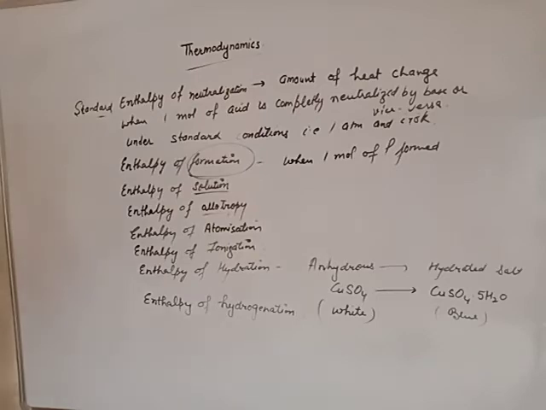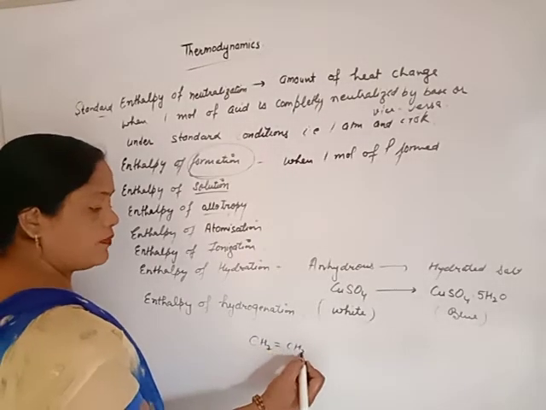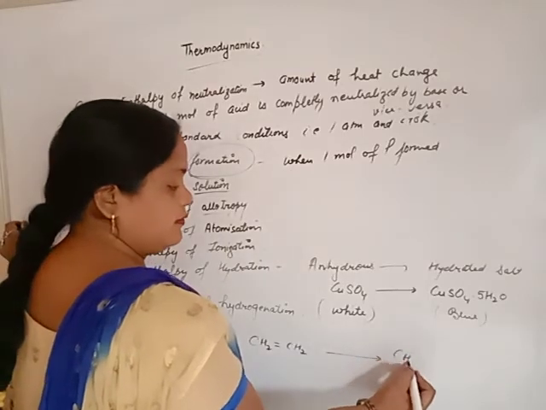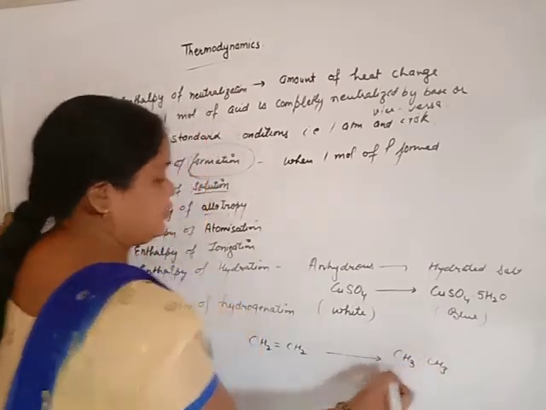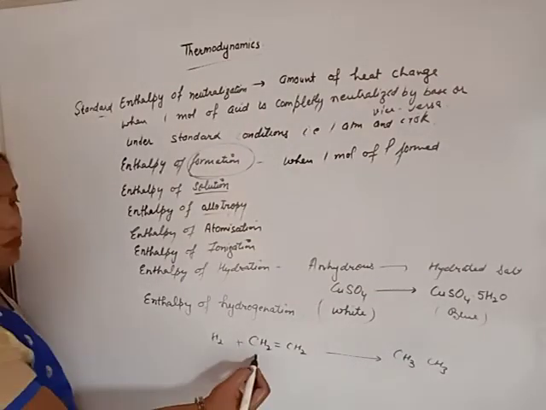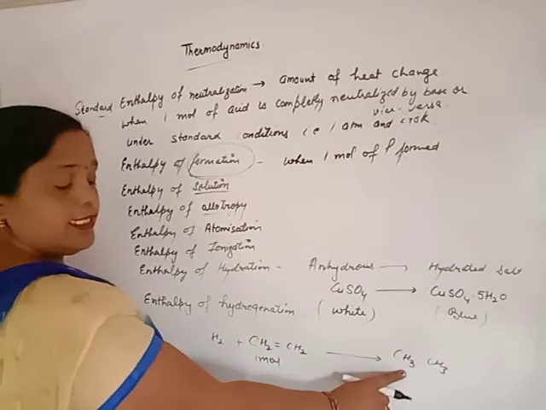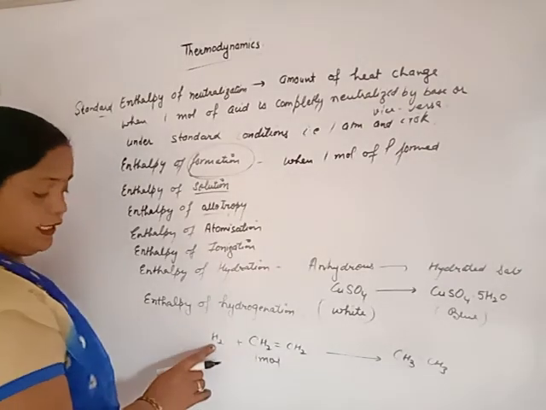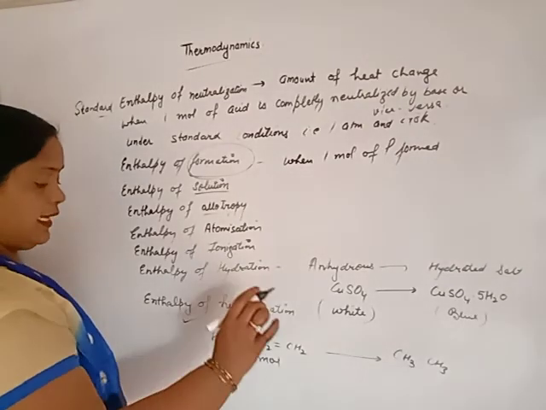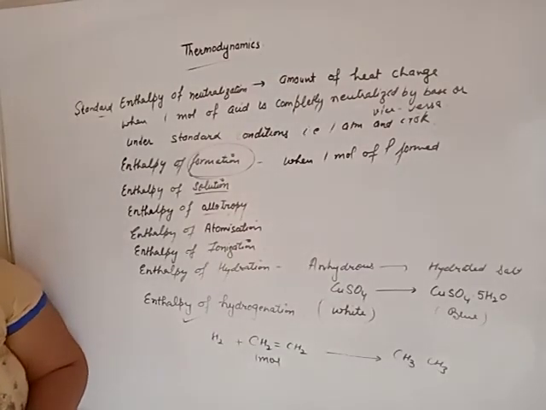For example, you have an alkene, an unsaturated compound, and it becomes saturated by addition of hydrogen. When 1 mole of unsaturated compound becomes saturated by addition of hydrogen, the enthalpy change or heat change is known as enthalpy of hydrogenation.